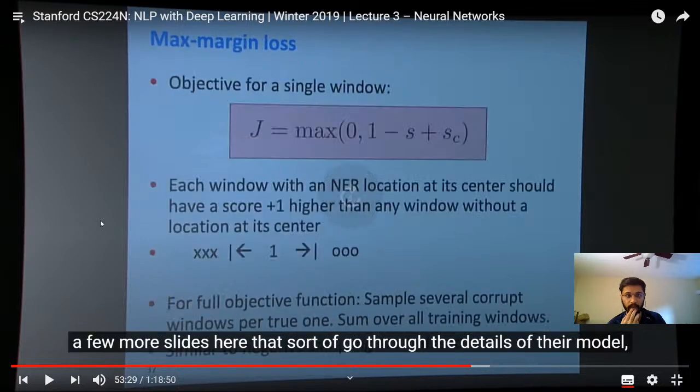Okay, max margin loss. The objective for a single window is the max of 1 minus the score plus the score of the context word, I'm not sure, minus the score of the expected context word.